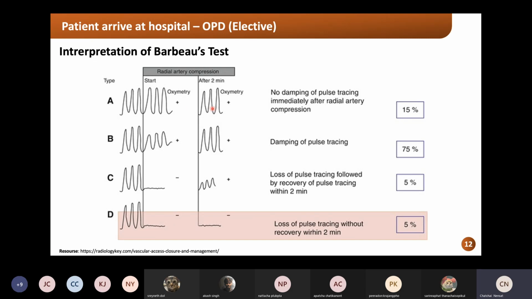When you see the pulse wave return to normal, with a similar amplitude or same rate of pulse wave, you can interpret that there is no damping of the pulse tracing.